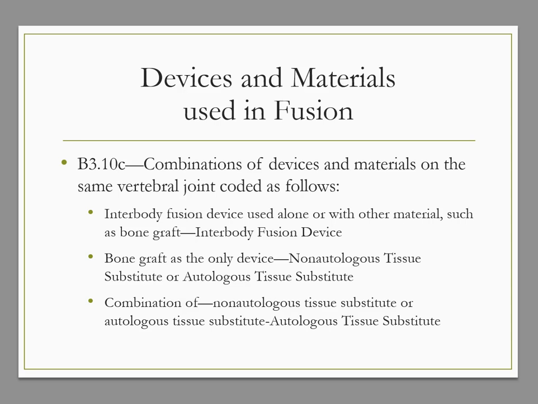If there is a mixture of autologous and nonautologous bone graft that is used to render the joint immobile, we're going to code the procedure with a device value of autologous tissue substitute. Now, I know some of you are thinking, how am I going to remember all these guidelines? Keep reading them. You can keep replaying this video.